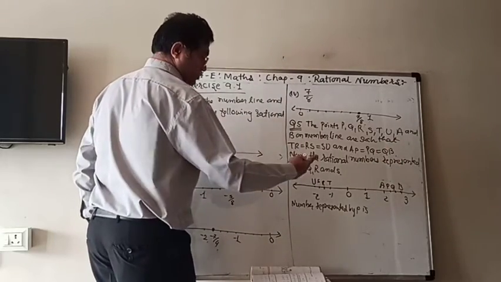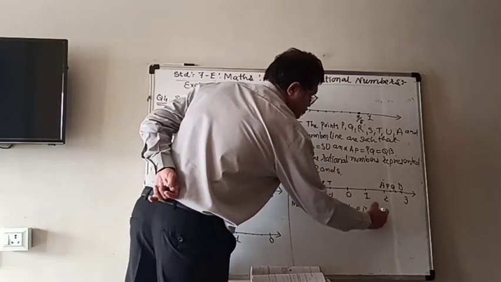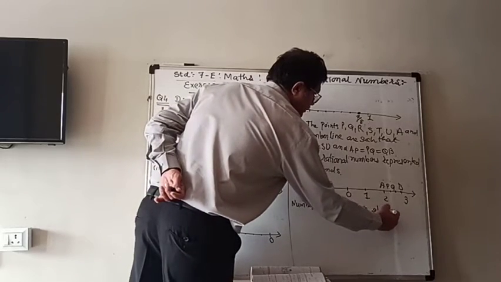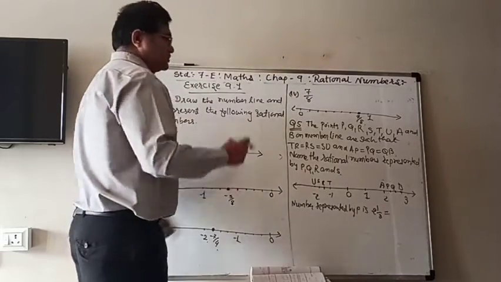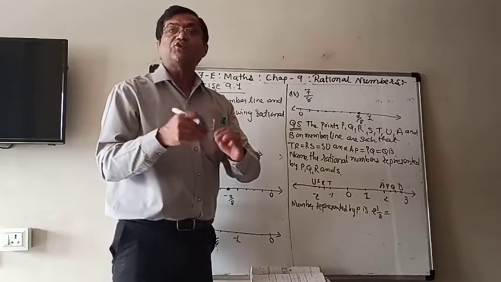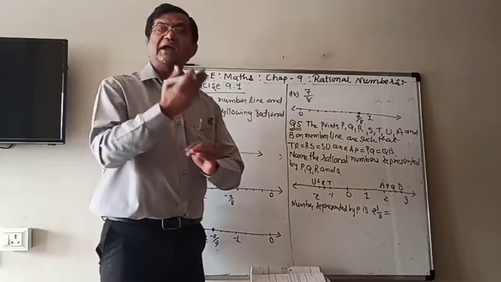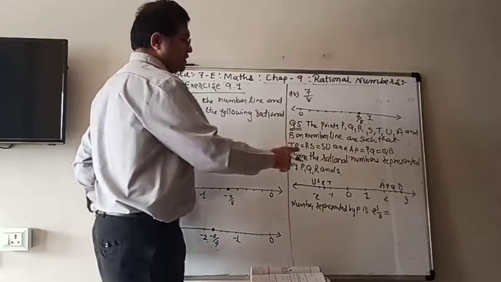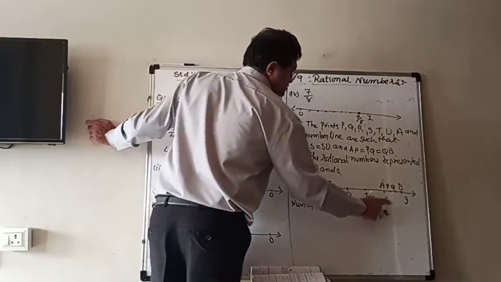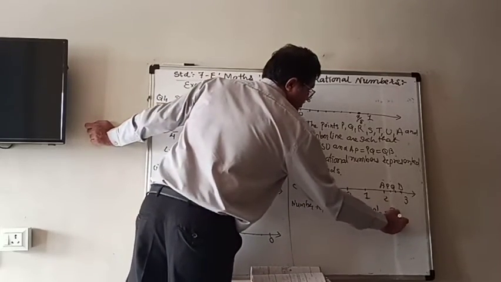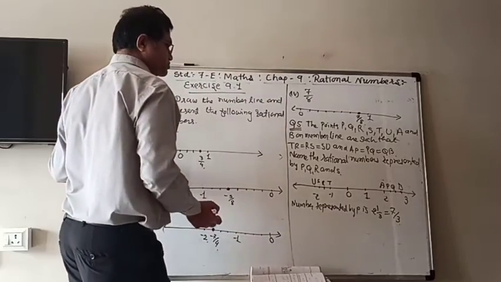But after 2, it means that 2 integer 1/3, because it is after 2. So you can't write down just 1/3. 2 integer and 1/3 is a mixed number, and then you can convert it. 3 2s are 6 plus 1 is 7, so it is 7/3.